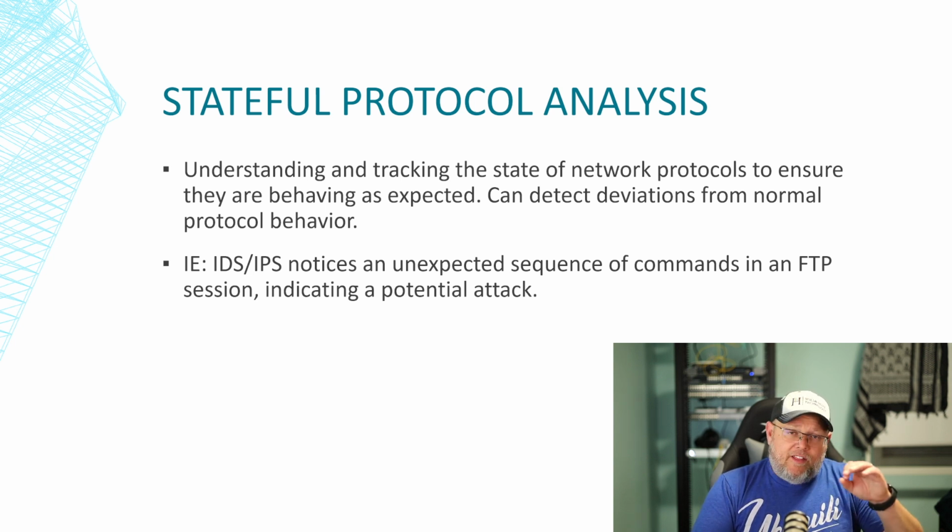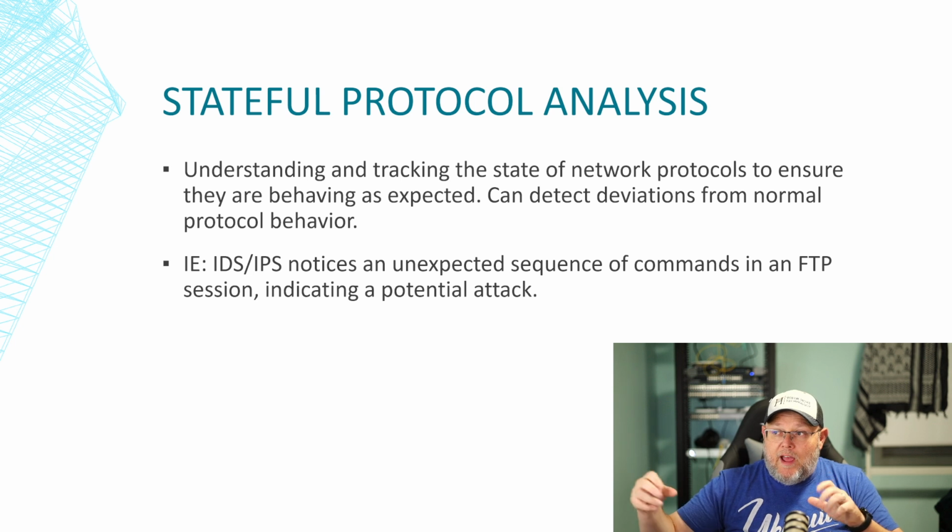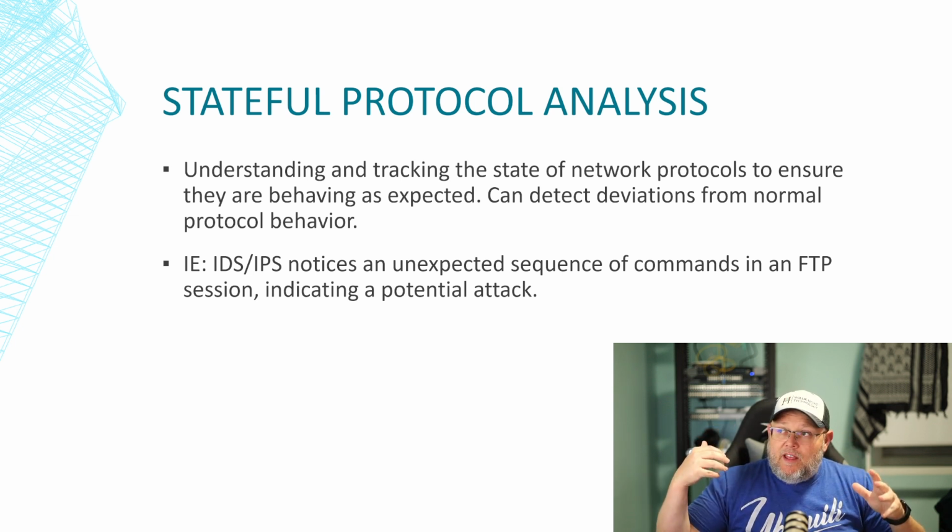Stateful protocol analysis. What this is, is understanding and tracking the state of network protocols to ensure they are behaving as expected. It can detect deviations from normal protocol behavior. Here's an example. IDS IPS notices an unexpected sequence of commands in an FTP session. So we're expecting an FTP session to work one way, and while it's watching it, it notices the commands are deviating from what is normal.